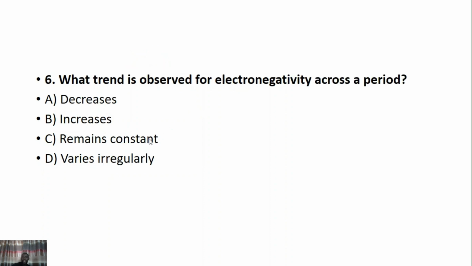What trend is observed for electronegativity across a period? Electronegativity is the tendency of an atom to attract extra electrons and become negatively charged, right? So what happens to it as we move across the period? Recall that the number of protons increases, and the shell number is the same.